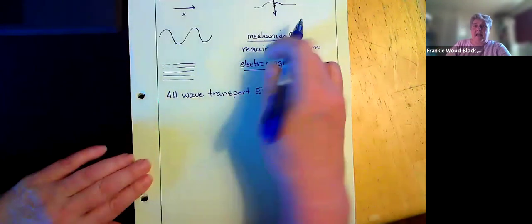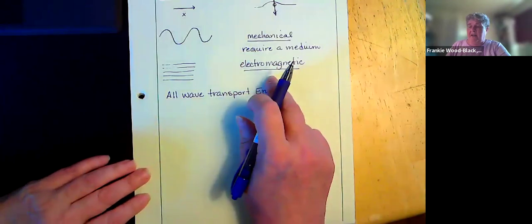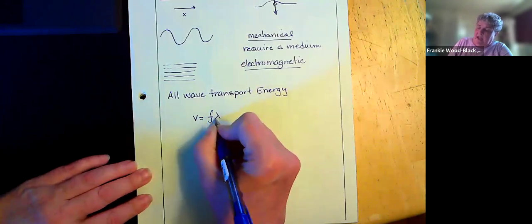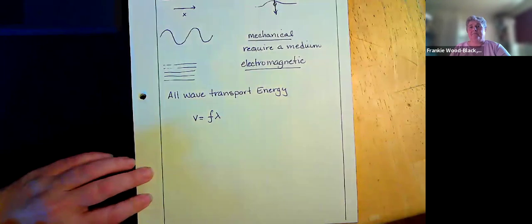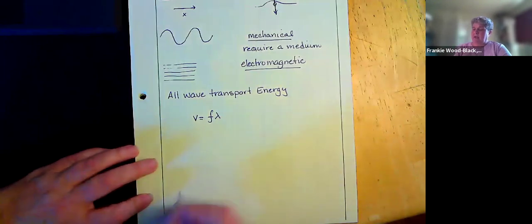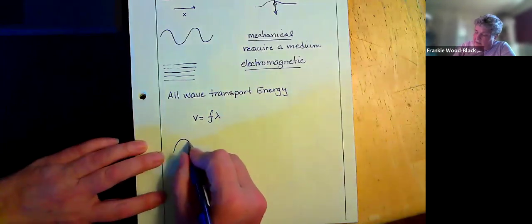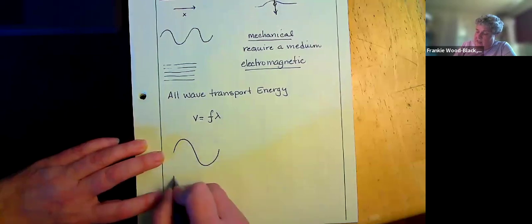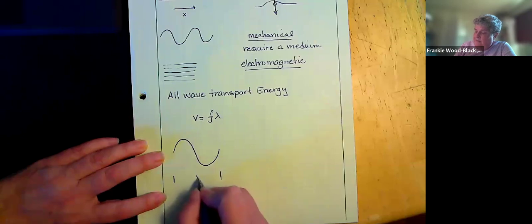Now, whether I've got a mechanical wave or an electromagnetic wave, the velocity of my wave is going to equal the frequency times the wavelength. So if I'm drawing my wave, this is my wavelength.